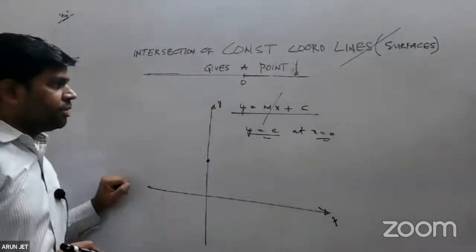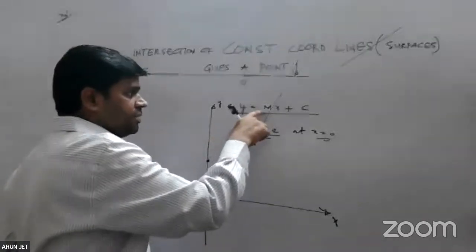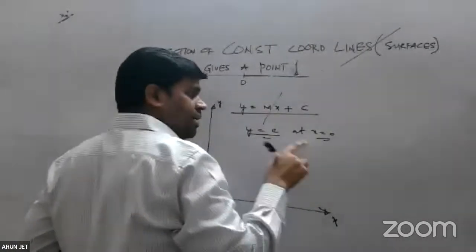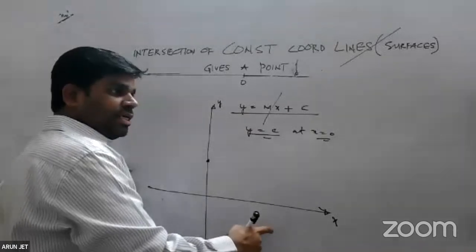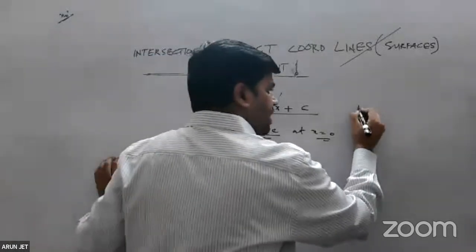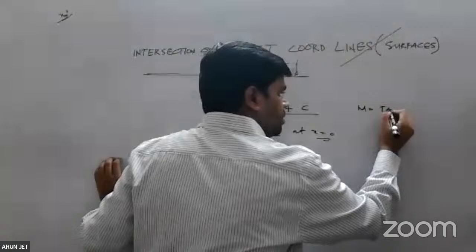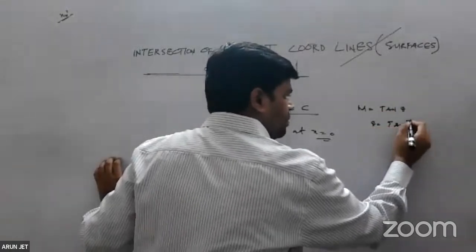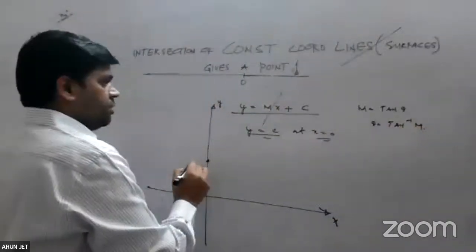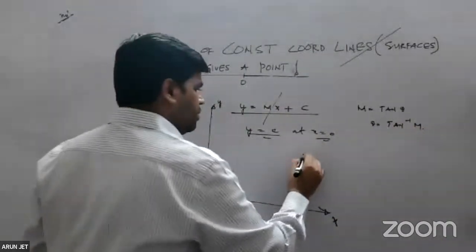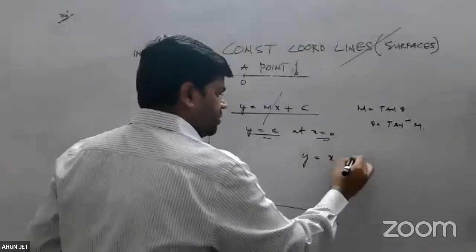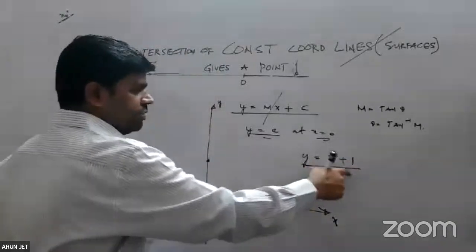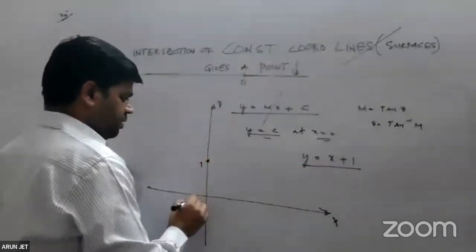Now, the slope of this line is m. So what is the angle it makes with the horizontal x-axis? It is m is equal to tan theta. So theta is equal to tan inverse m. So if I have a line y is equal to x plus 1, when x is equal to 0, it is 1.